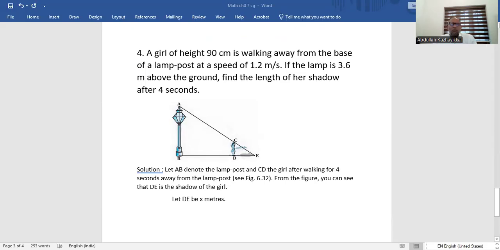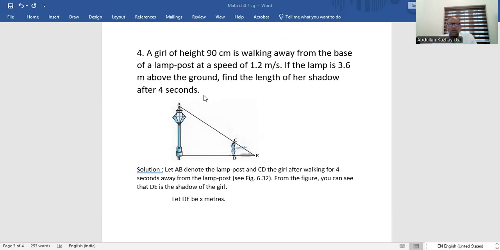All of you please write this question. A girl of height 90 centimeters walking away from the base of a lamp at speed 1.2 meter per second. If the lamp is 3.6 meter above the ground, find the length of her shadow up to 4 seconds.